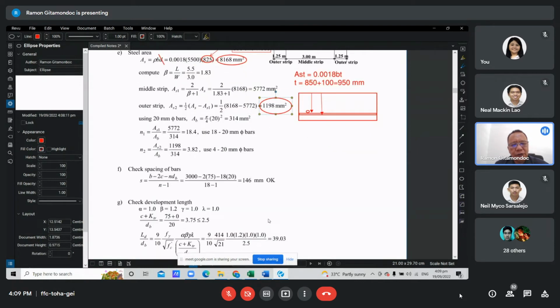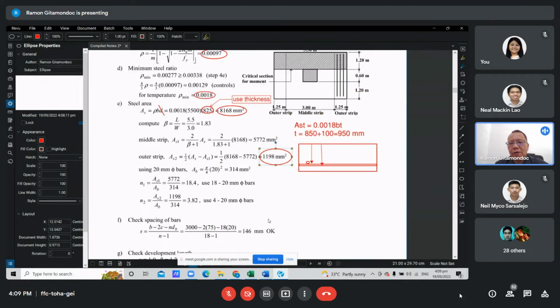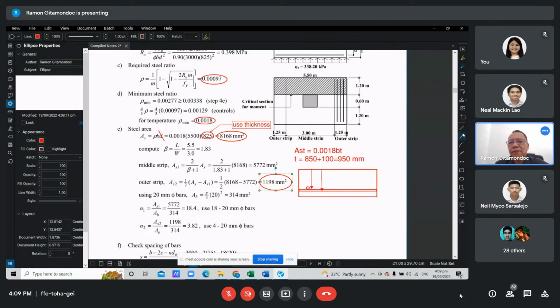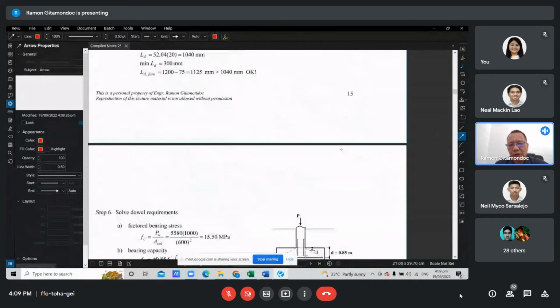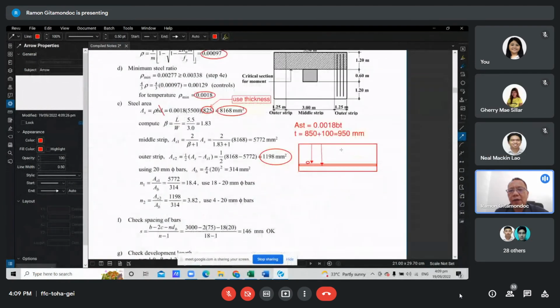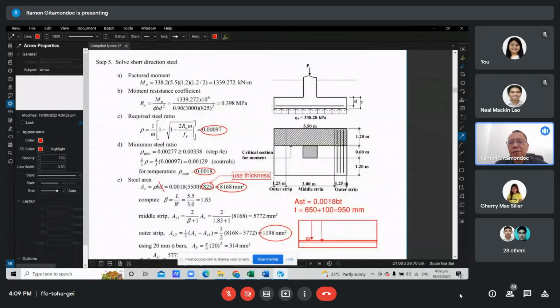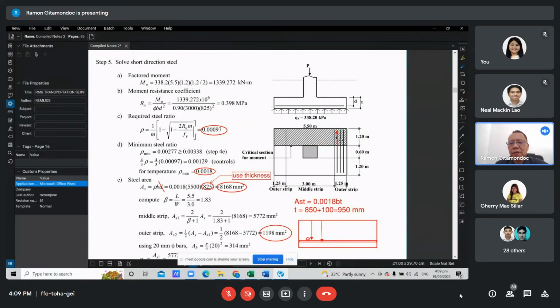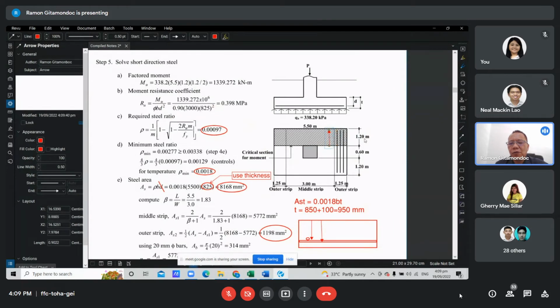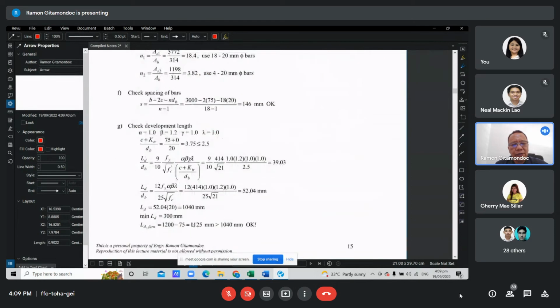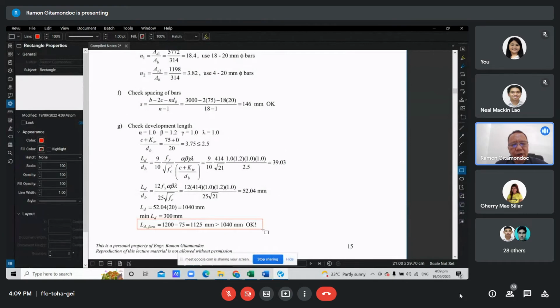Then next we check the development length. This distance here is the available development length, which is 1.2 meters less the cover. So the LD provided is 1,200 minus 75 mm cover, and we get 1125.